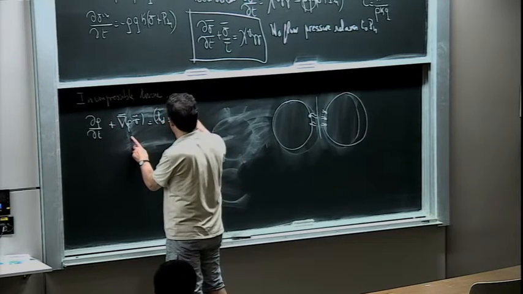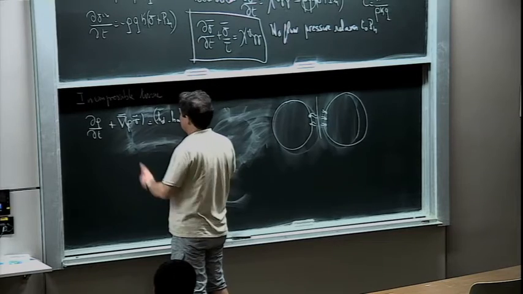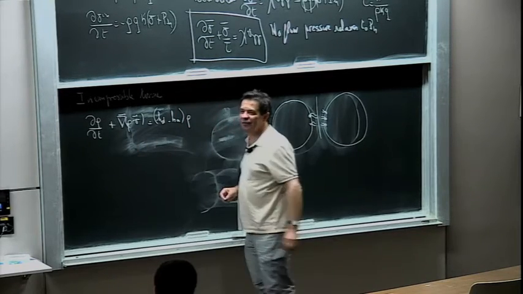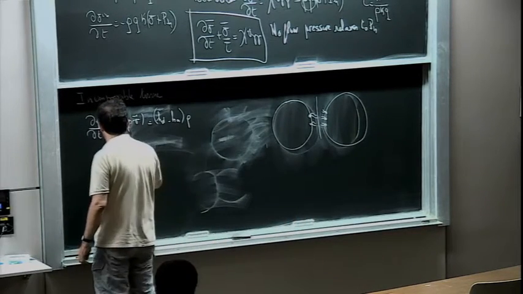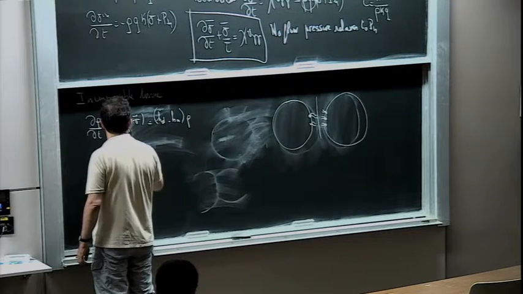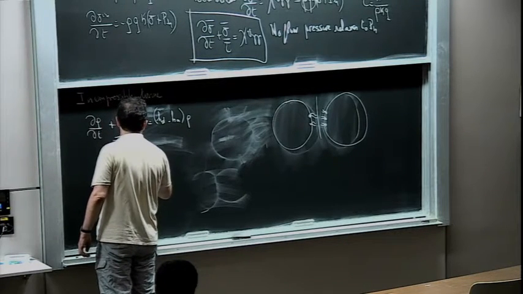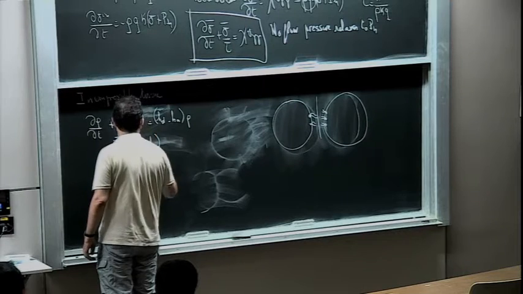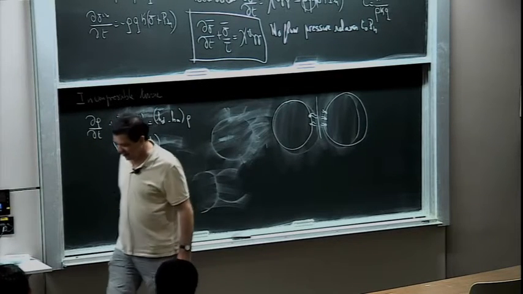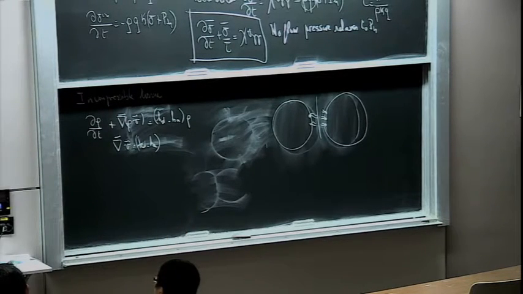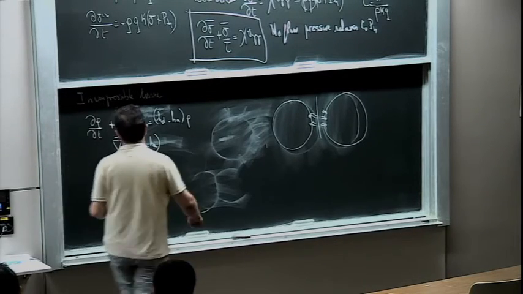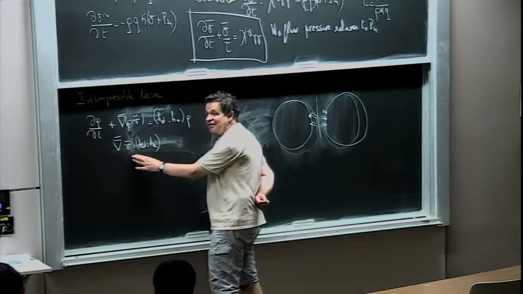I can take rho out, divide by rho, and this tells me that divergence of v is equal to KD minus KA. So even if the tissue is incompressible, the divergence of the velocity is non-zero. It is non-zero because the number of cells is not constant, and the incompressibility condition is just given by that.